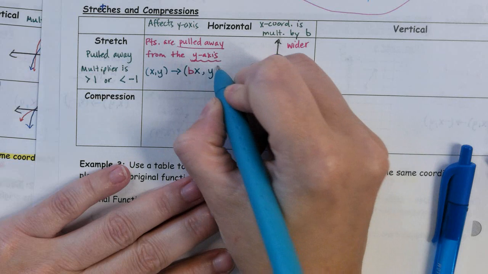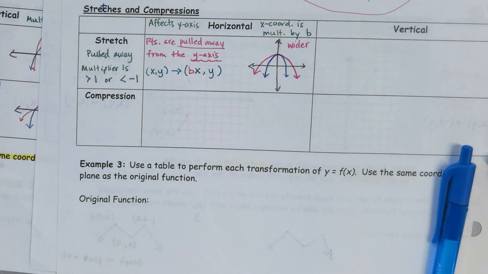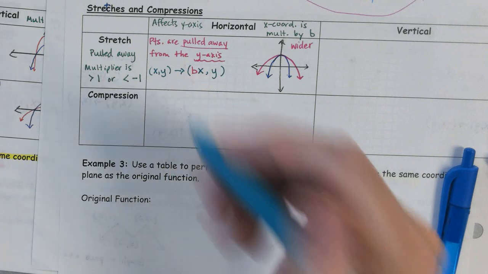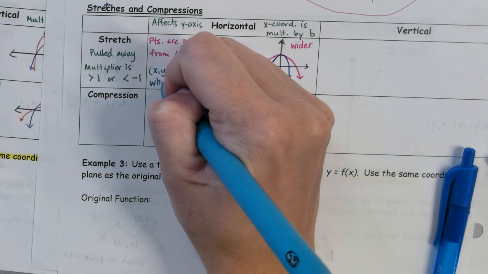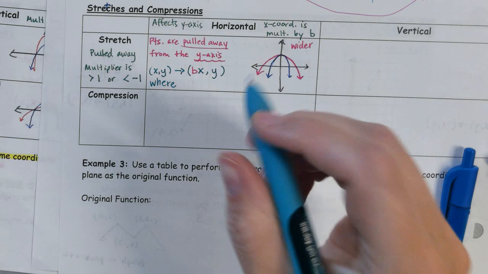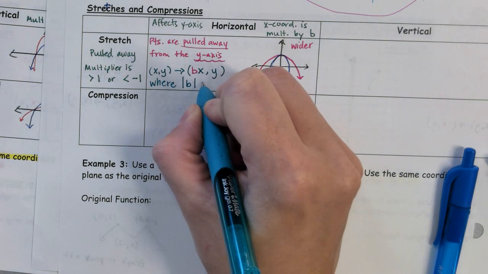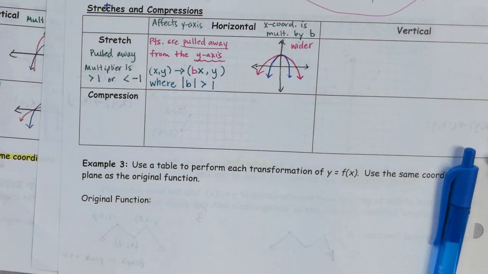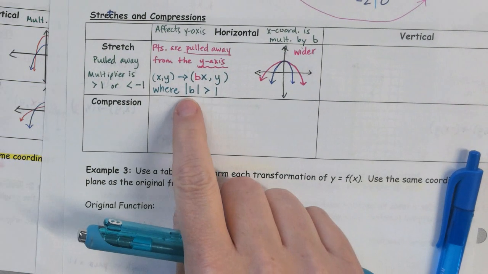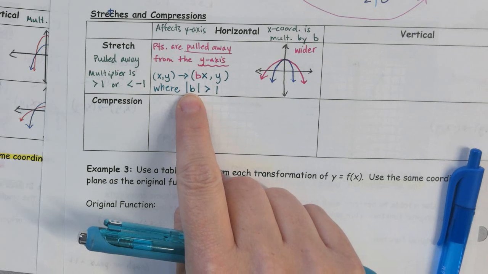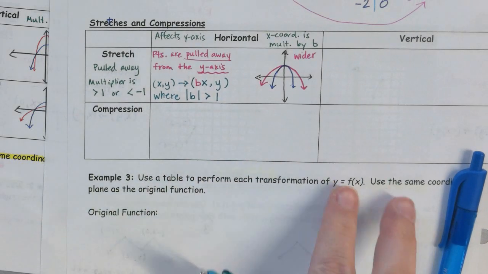So it's bx, comma, y. Your y is going to stay the same. It's the x values that change based on the multiplier. But there is a stipulation on that multiplier. It's where the absolute value of b is greater than 1. This might be a symbol that you haven't seen in a little bit. It's the absolute value, those two straight lines, of b is going to be greater than 1.